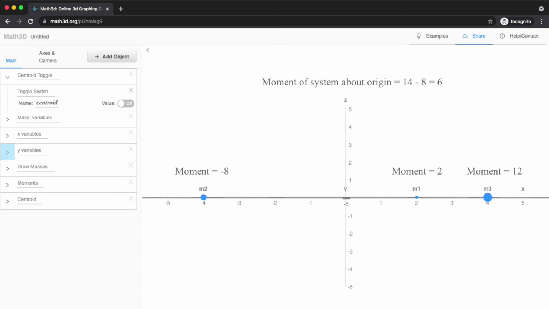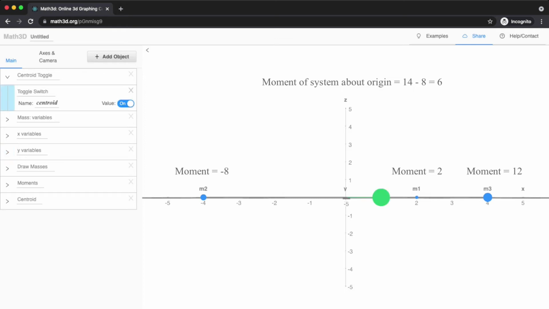So 6 times d will be the moment of this new mass. I want that to equal the moment of the whole system, which is also 6. So 6d equals 6, which means d has to be 1. So this whole system could get replaced with a single mass of 6 at position 1.